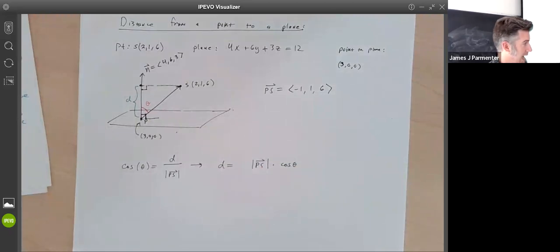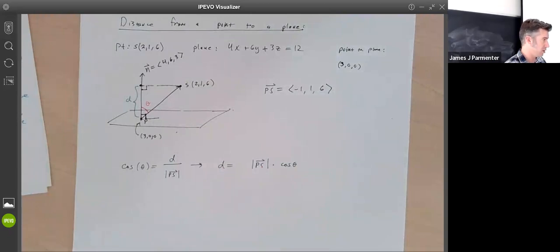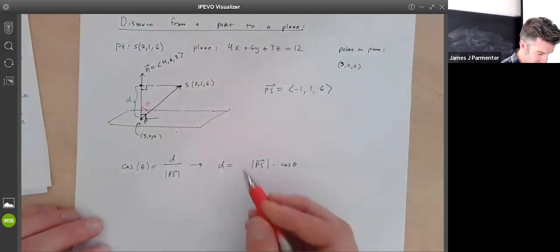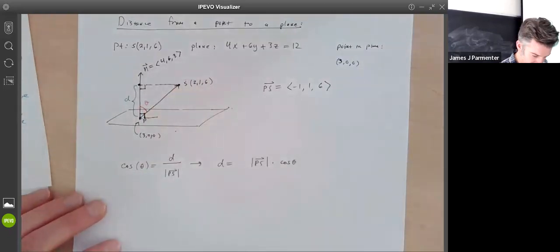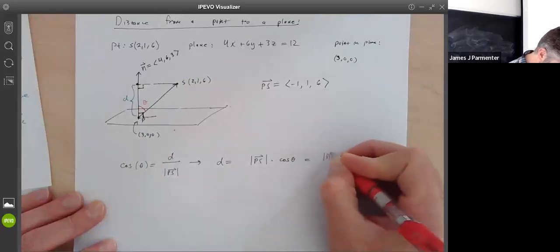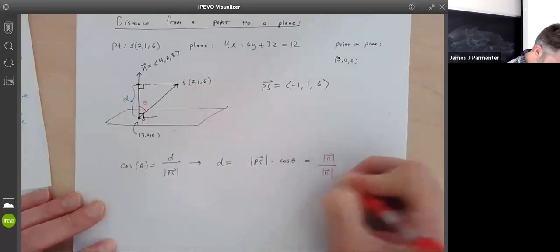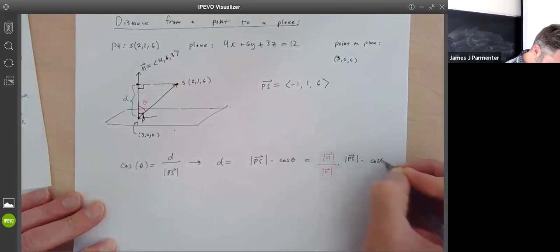And then I'm looking to make one of my formulas happen. I'm either looking to make the cross product formula show up or the dot product formula show up. In this case, since it's cosine, it's the dot product formula. So I really want to add in a magnitude of this vector divided by the magnitude of that vector. So I'm going to rewrite this as the magnitude of n divided by the magnitude of n, times the magnitude of PS times cosine theta.